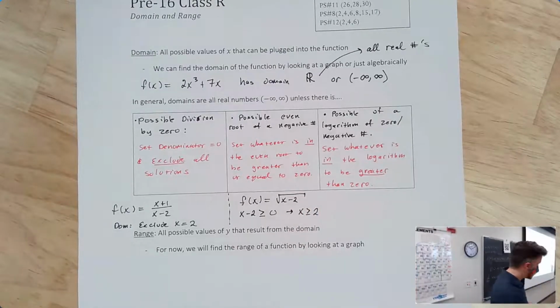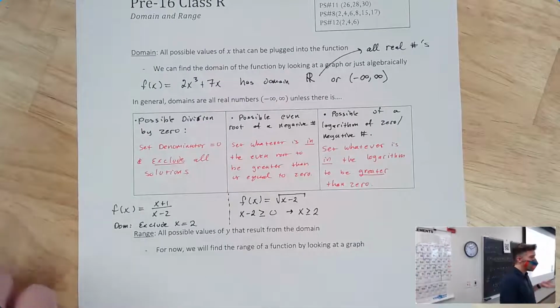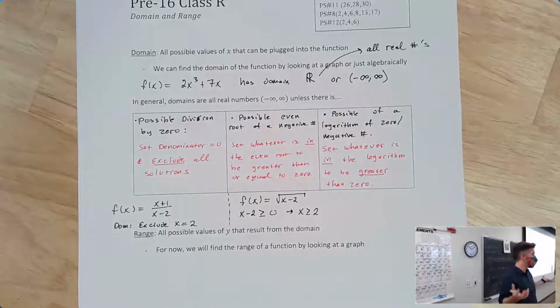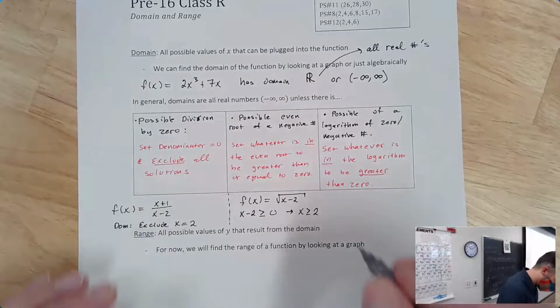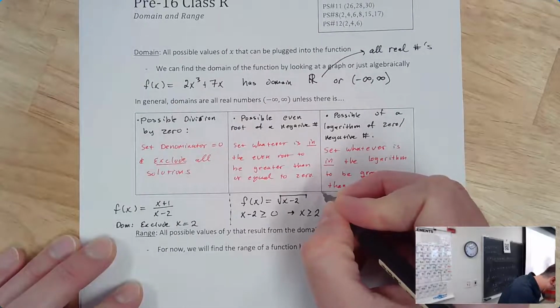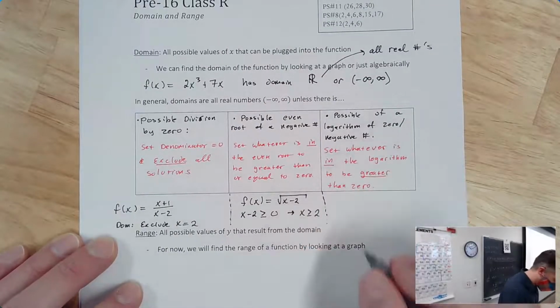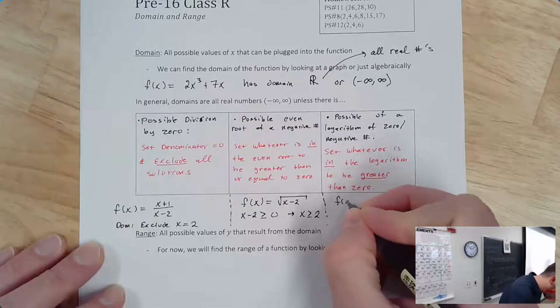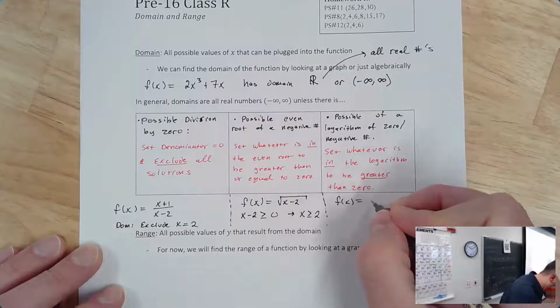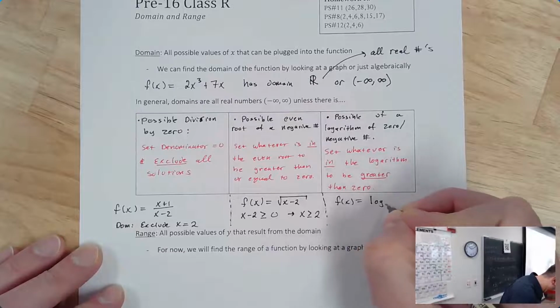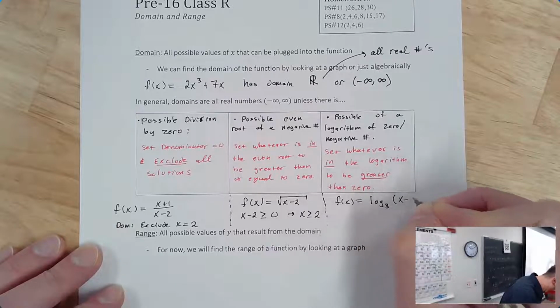The way I often think about it is square roots and logarithms act very, very similarly when it comes to domain. The only difference is for the square root, it's okay for the insides to be equal to 0. For a logarithm, it's not okay for the insides to be equal to 0. So an example that's very similar to the example I just wrote down for the square root would be something like f of x equal to the log base 3 of x minus 2.